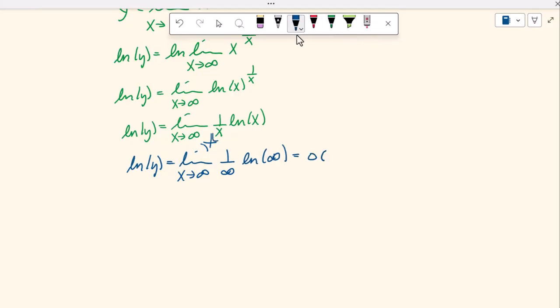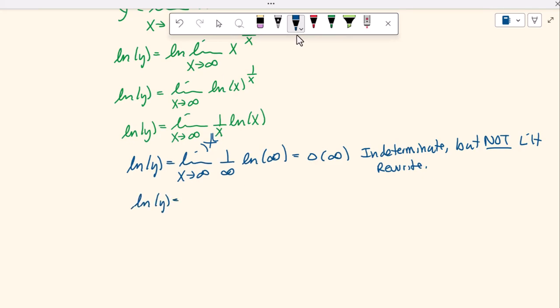So this is 0 times infinity, which is indeterminate, but it's not indeterminate L'Hopital's. So I'm going to have to rewrite, just like we were thinking. Okay, so the way I could rewrite this is to take this and take it from a product to a quotient of just natural log of x over x.